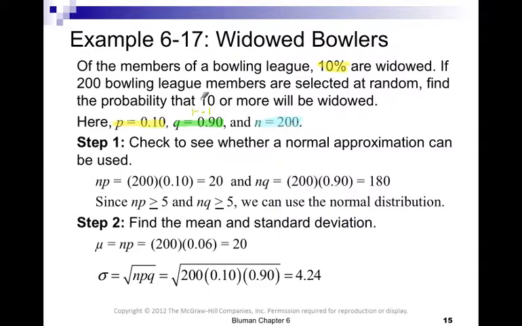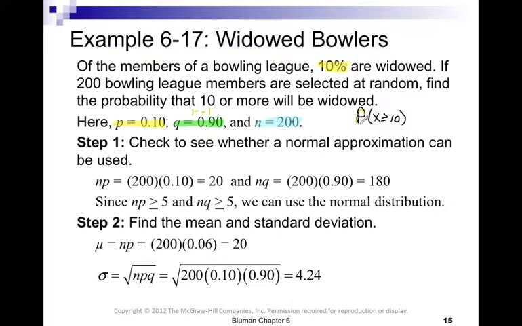And we want the probability that 10 or more will be widowed. So our probability is going to be, let me change colors so you can see it a little better, the probability that X is greater than or equal to 10. That'll be our probability that we'll use in step 3.